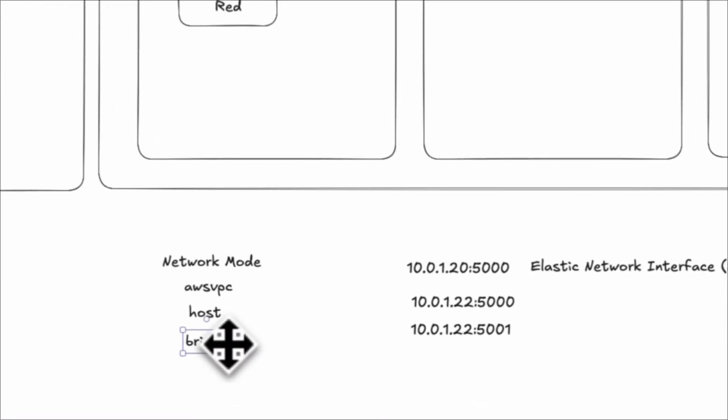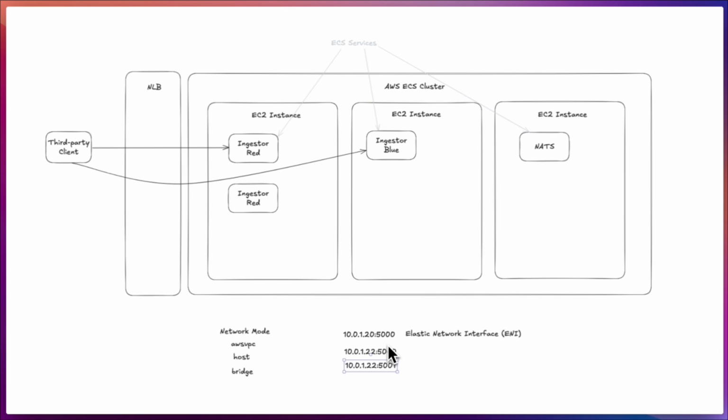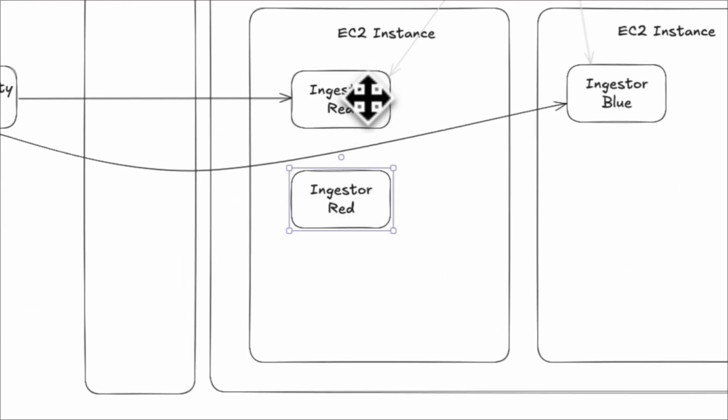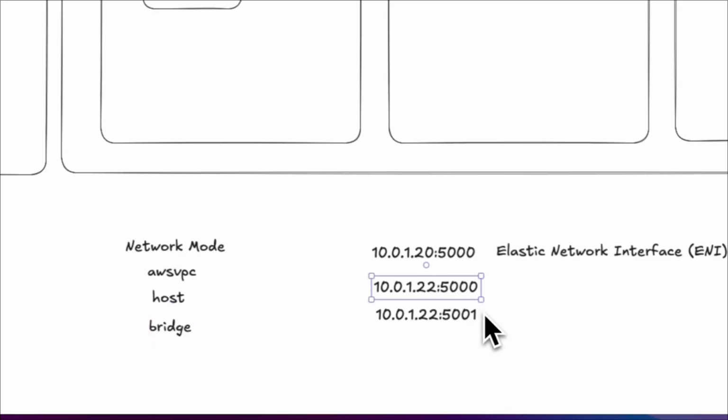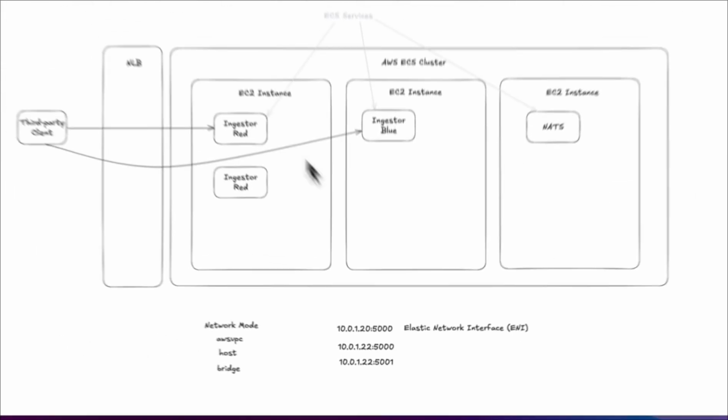And the bridge mode is similar to the host mode, but it allows you to actually manually assign the port. So for instance, if both of your containers are running on port 5000 and you don't have control, you don't want to go to the application code and change the port, what you can do with bridge mode is simply say the container is running on 5000, but 5000 is actually occupied by another service.